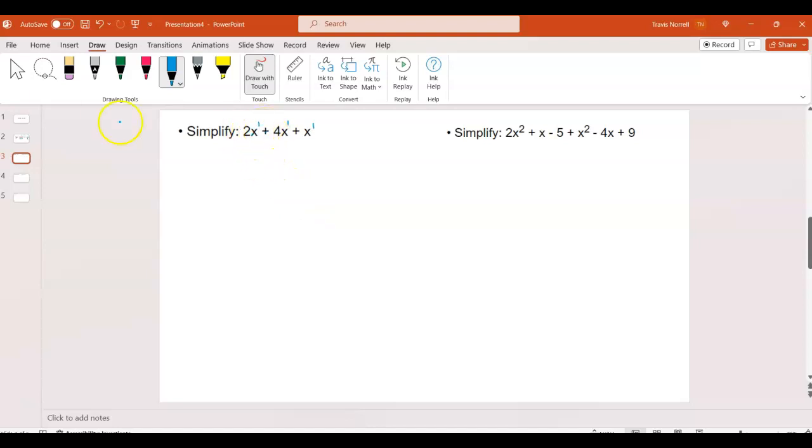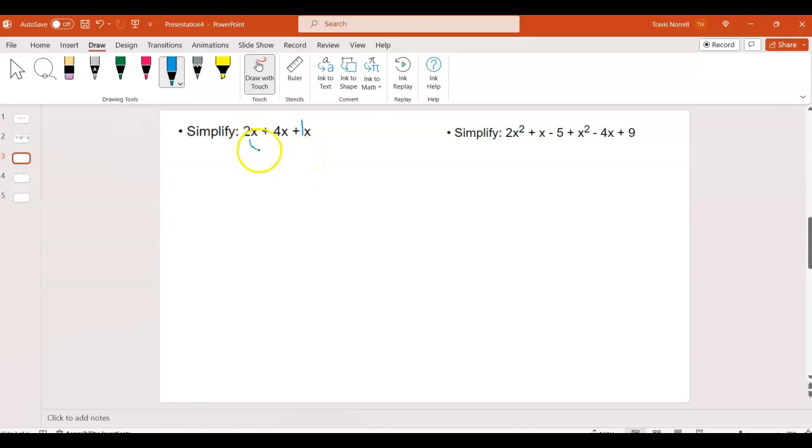So they're the same variable with the same exponent, so all three of these would be considered like terms. We can combine all three terms. Remember, if there's not a coefficient, if there's not a number in front of a variable, there's an assumed 1.